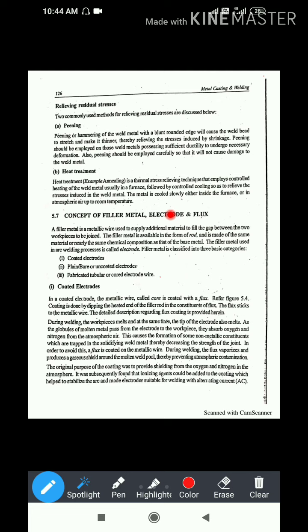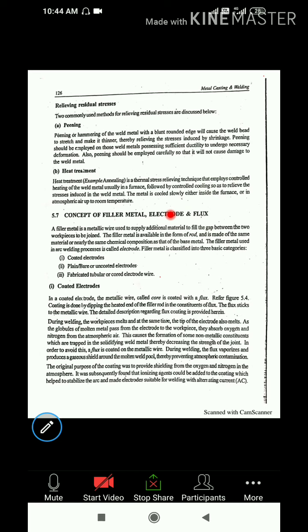Otherwise it can be exposed to open air, so it cools slowly and the residual stresses come out slowly at room temperature. So these are the two methods, peening and heat treatment, used for relieving the residual stresses.